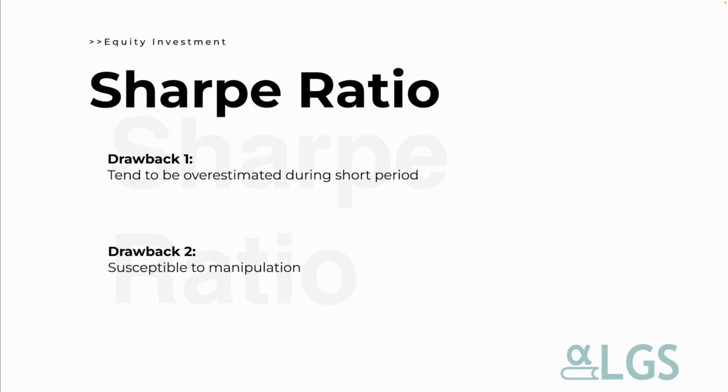The Sharpe ratio has another drawback. It can be easily manipulated. Some portfolio managers may resort to strategies that artificially inflate performance in order to achieve a high Sharpe ratio. Suppose we create a portfolio by taking a short position on an out-of-the-money put option.